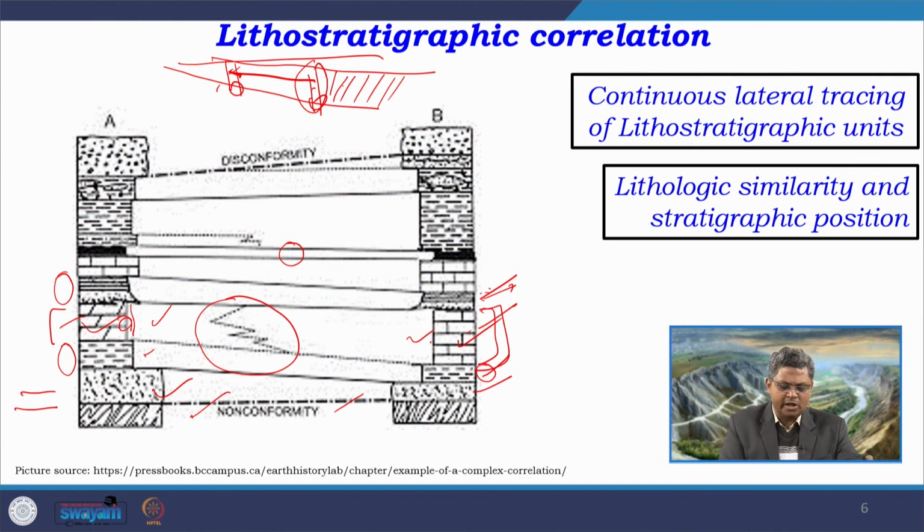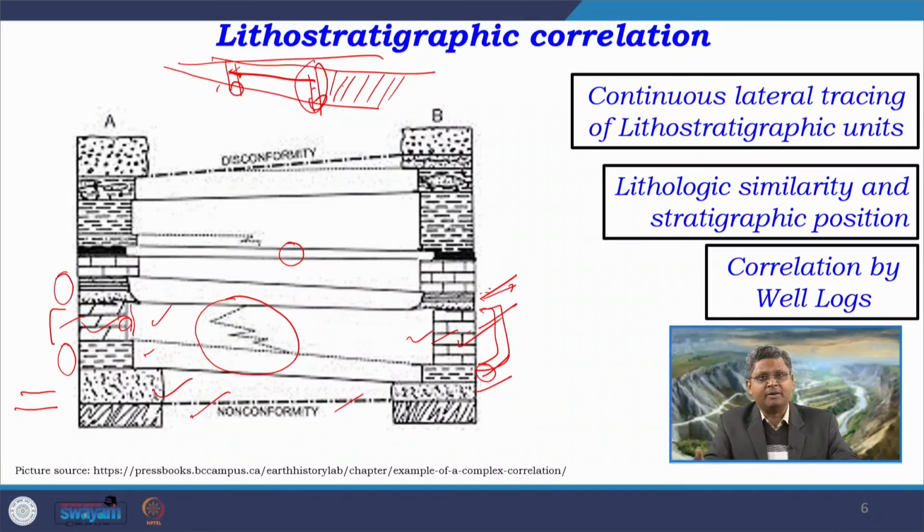So the limestone units are not exactly the same, but due to this stratigraphic position, the underlying and the overlying units are the same. So due to this stratigraphic and lithologic similarity, we can trace them laterally, we can establish the correspondence between these two units as they were laterally continuous in terms of their time of deposition and conditions of deposition.